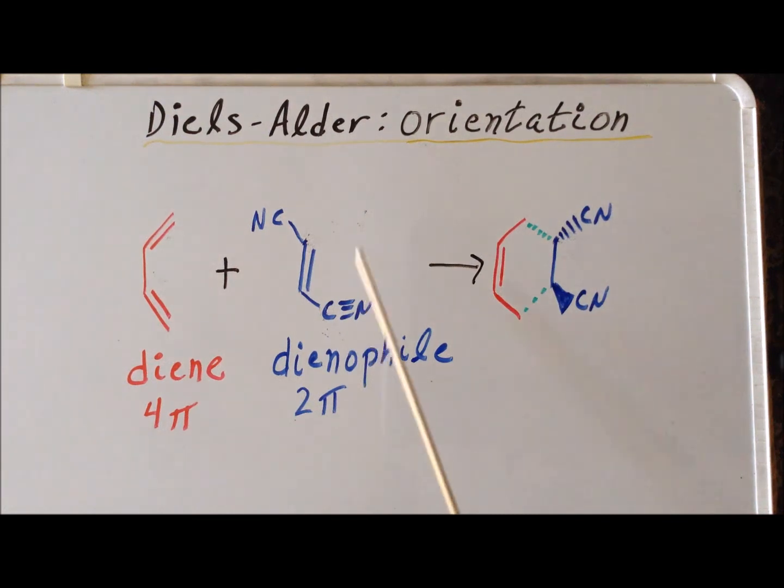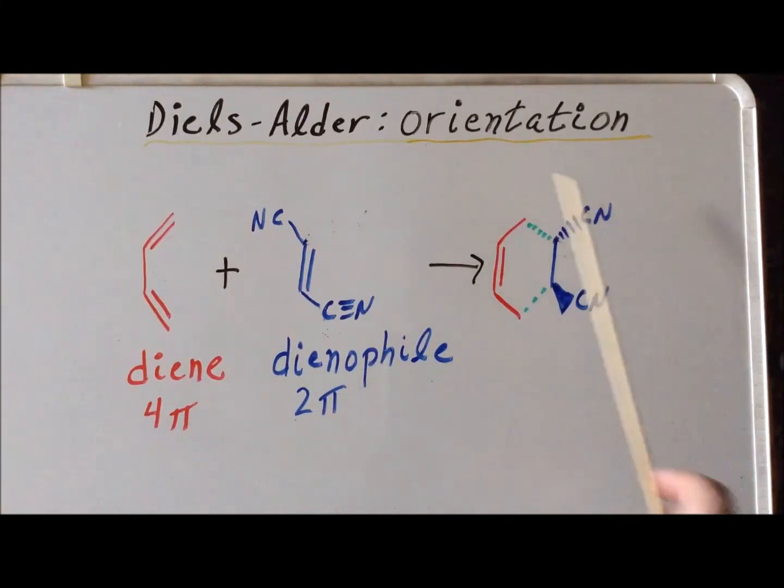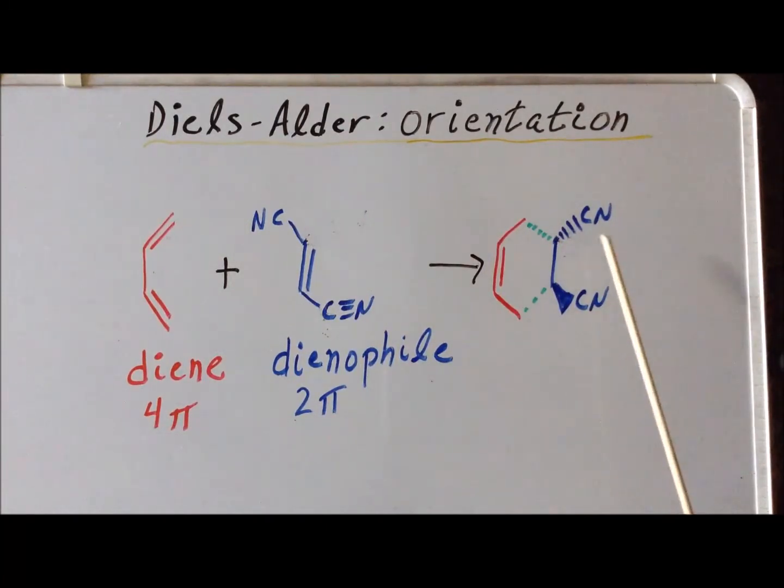If we now have the trans-substituted dicyanoethylene as our dienophile, we notice that, again, the substituent pattern in the product is going to be trans with respect to the two dicyano groups.